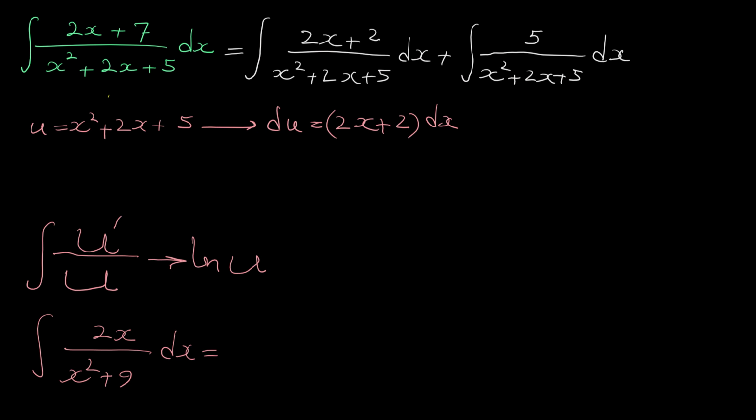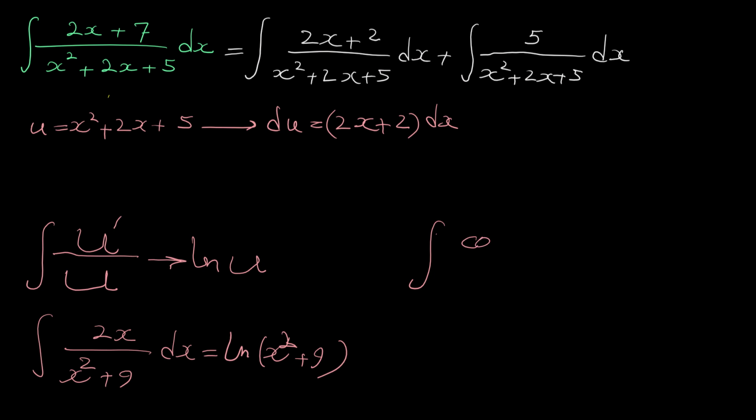But with this technique, we suppose in our head that the denominator is u. The derivative of x to the 2 plus 9 is exactly 2x, which is in the numerator. So the answer of this integral is ln of (x to the 2 plus 9). You don't need to actually do any substitution.